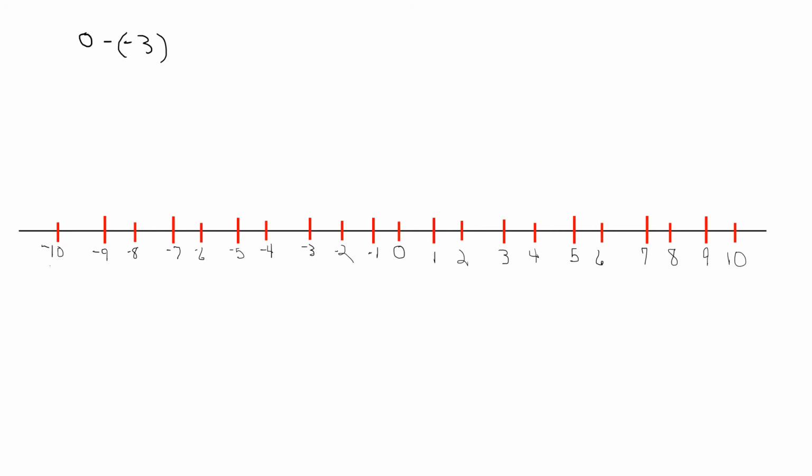Anytime you run into a problem like this when dealing with addition and subtraction, convert that into an addition problem. In other words, convert this problem to 0 plus 3. You have a minus sign and a negative sign next to each other. Same thing here.